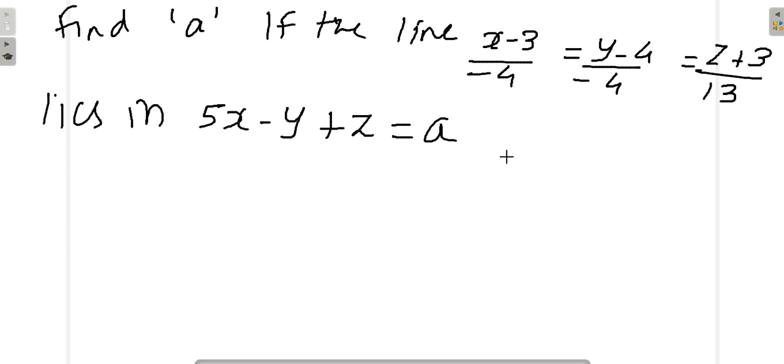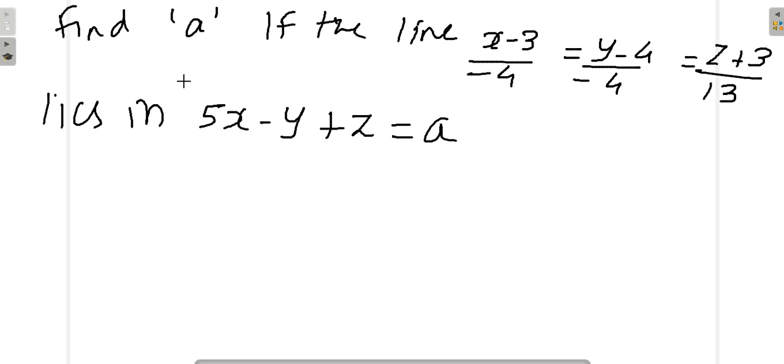This line entirely lies in the plane. So again we have to find a vector along the plane, and that will be able to give me the value of a.